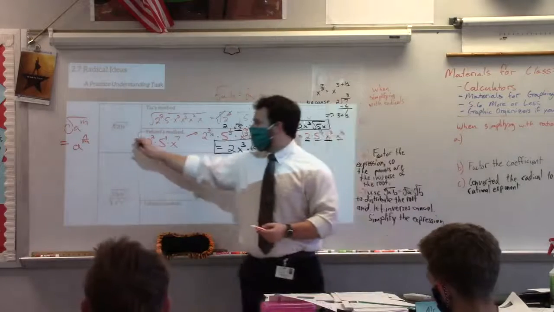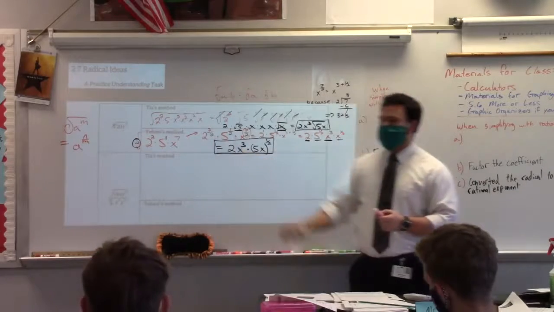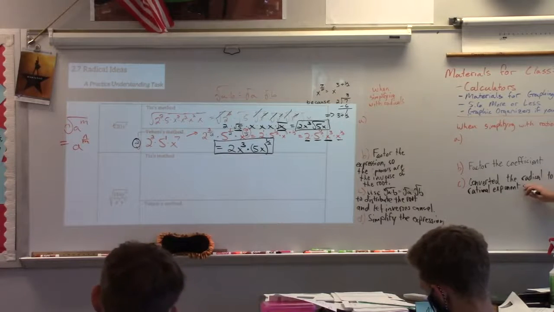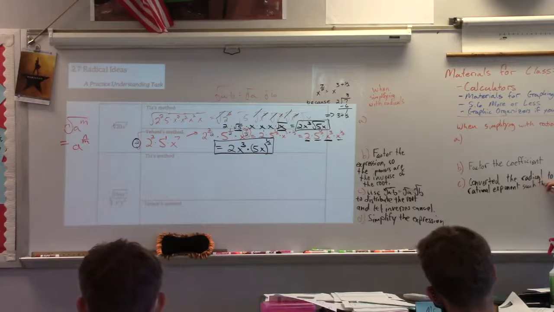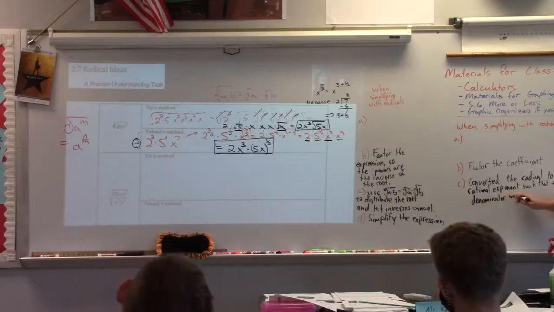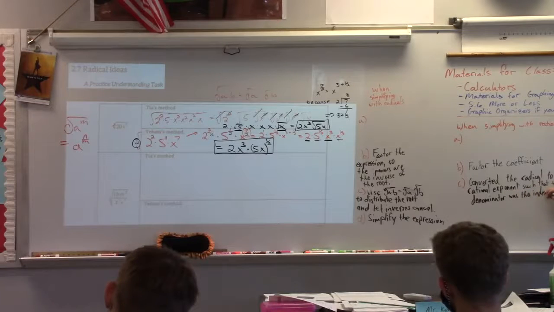The index of the root became the exponent. Convert the radical to a rational exponent such that the denominator was the index from the root.